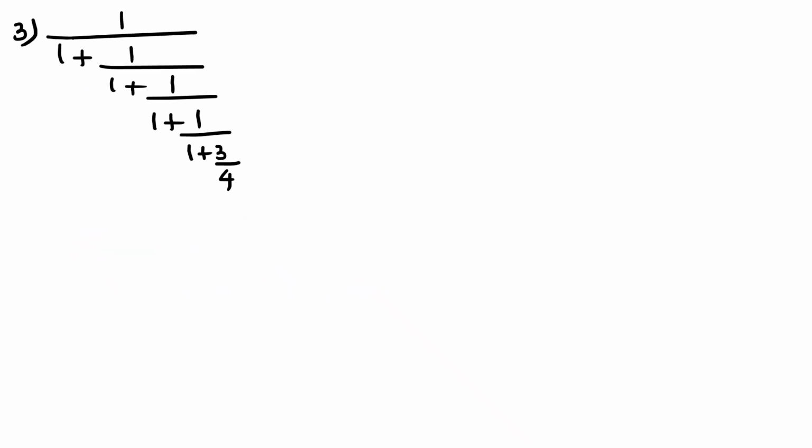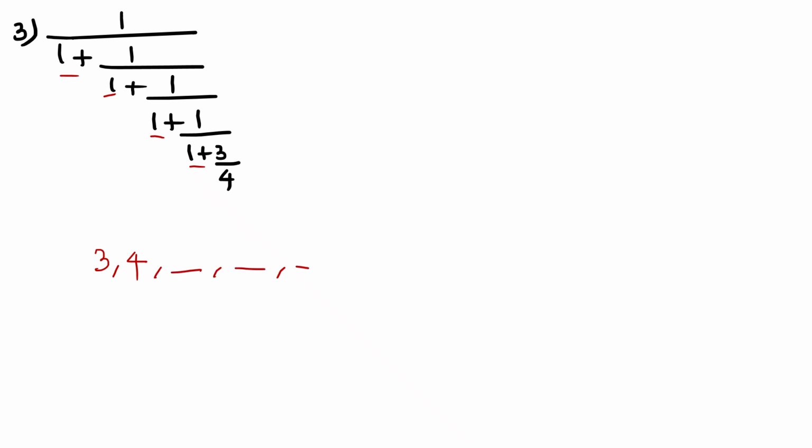Now we will see some more examples. Now I have a very lengthy one. The same thing that I did for the previous one, I'm going to follow here also. I have 3 by 4, so the first step is to write 3 and 4. Then count how many steps: 1, 2, 3, 4 steps. So you have to place 4 dashes.